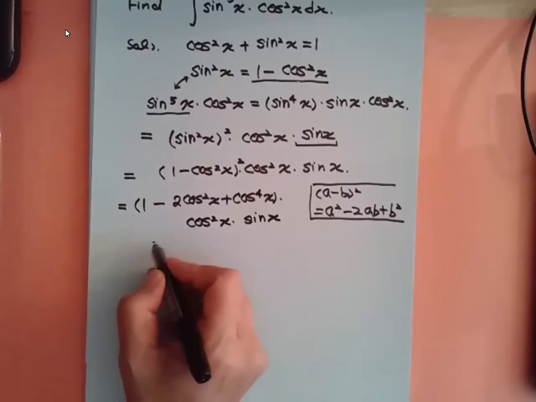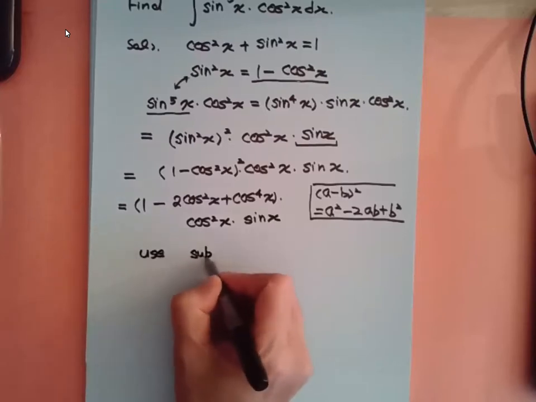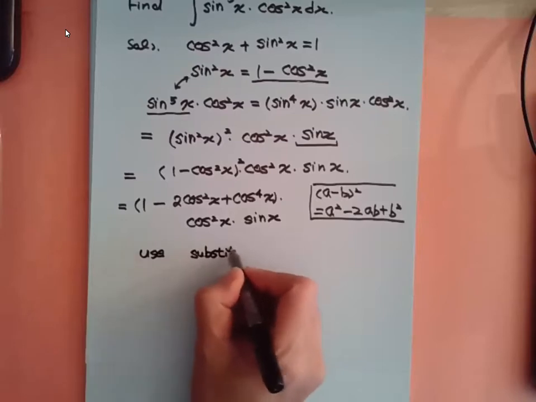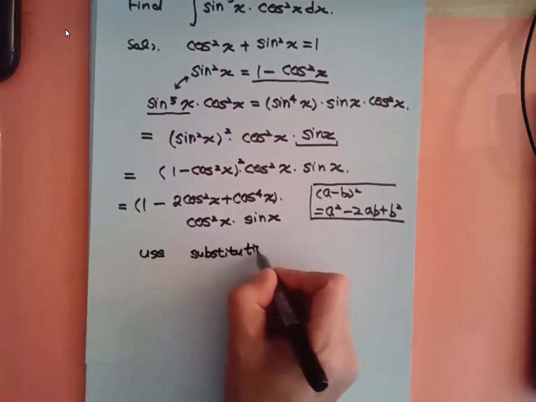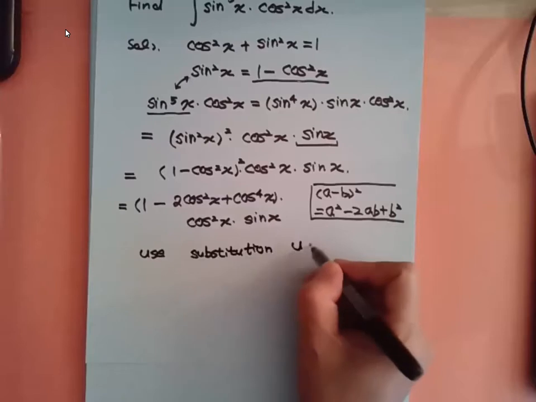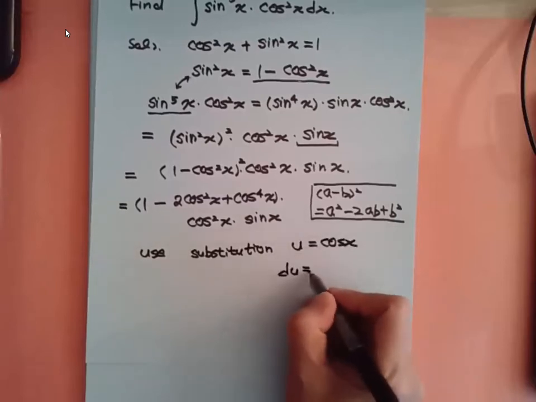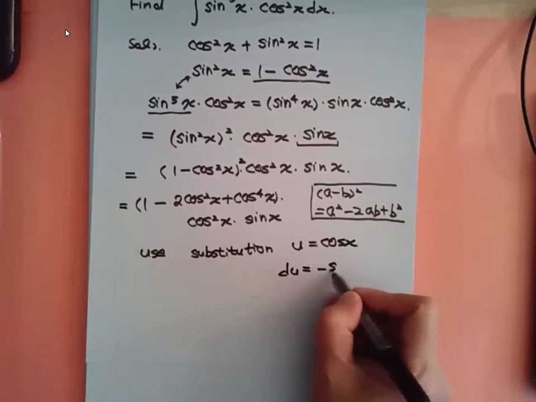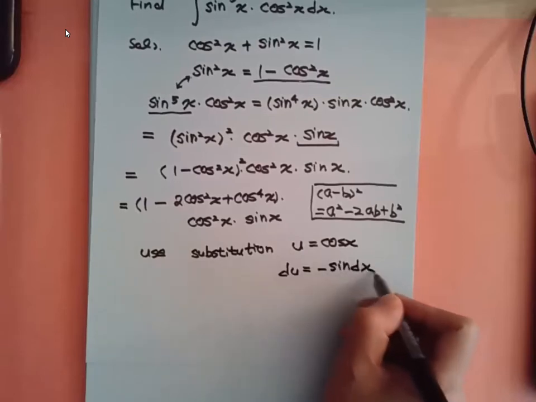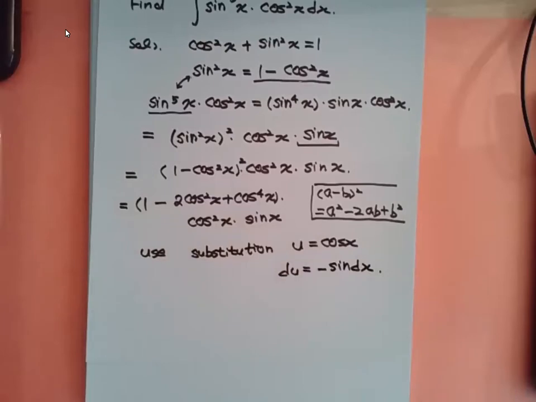So we will use the substitution, which makes u equals cosine of x, then we have du equals minus sine x dx. So we have to be a little bit careful.